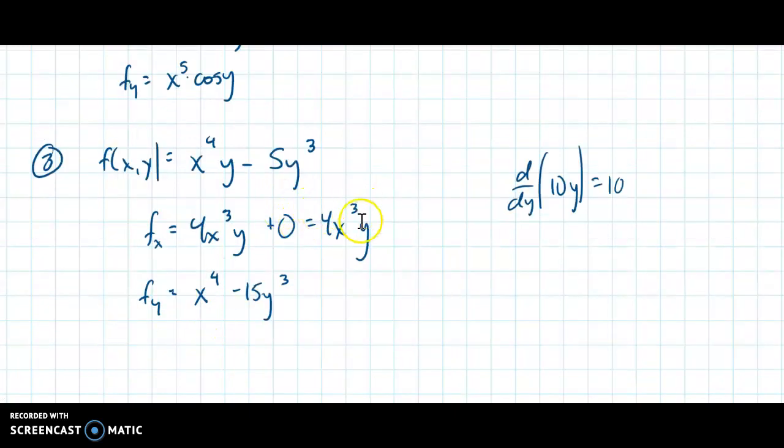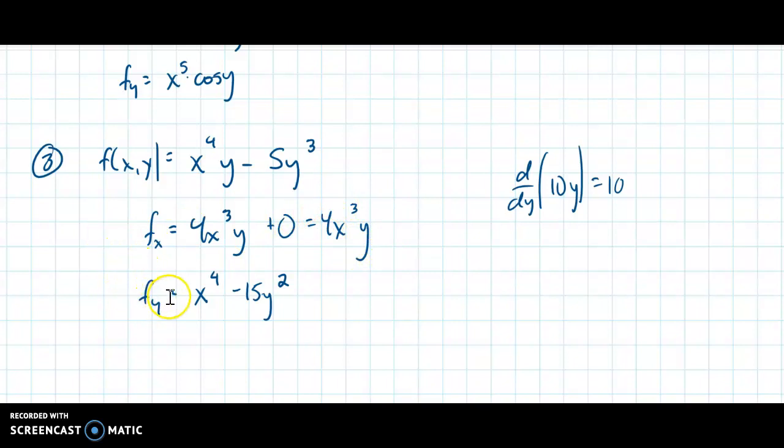So my answers are 4x cubed y and x to the 4th minus 15y squared. Okay, so why is that? Hopefully this one makes sense. It's like the ones up above. This doesn't have any x terms in it, so it's constant with respect to x, so its derivative is 0. So the total partial x is just that thing.